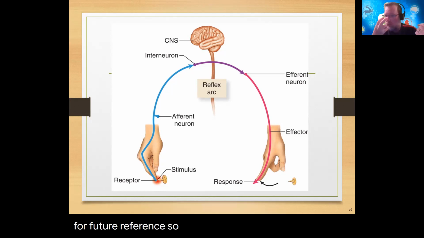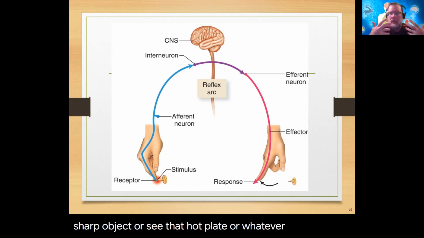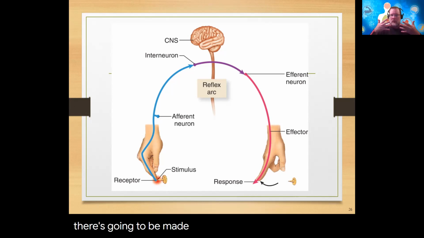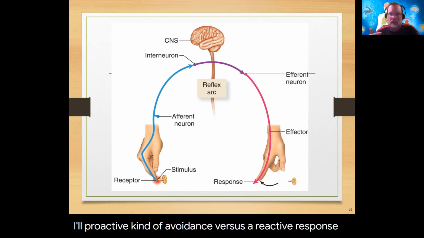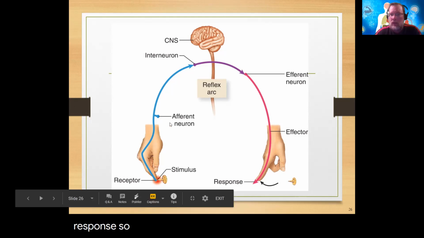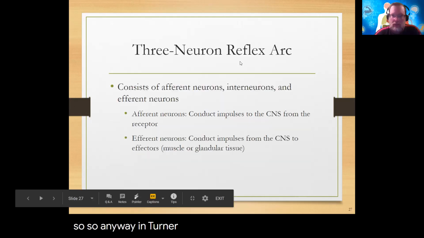So now if my visuals see that sharp object or that hot plate or whatever, there's going to be maybe a preemptive, proactive kind of avoidance versus a reactive response. So anyway, interneurons.